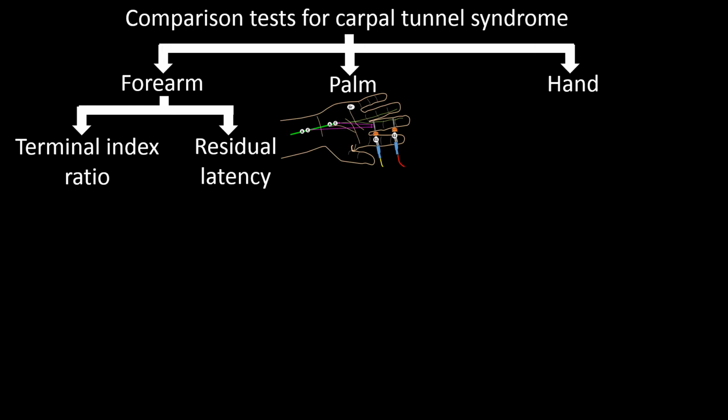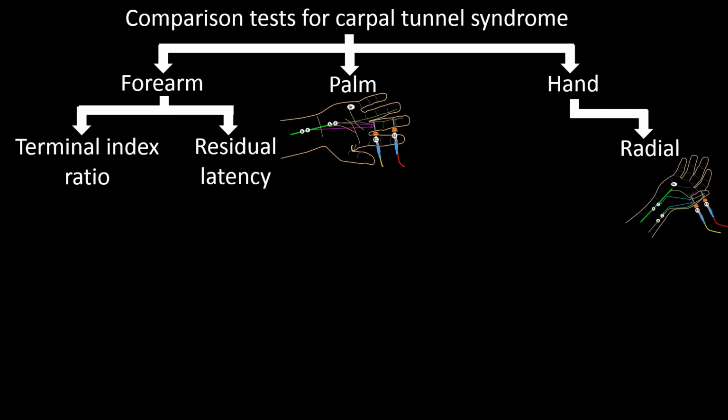Comparison testing can also be made with other upper extremity nerves in the hand. This comparison can be made with the radial nerve by stimulating the median nerve at the wrist and the dorsal radial cutaneous nerve also at the wrist, and recording from a single site, that is from the thumb.